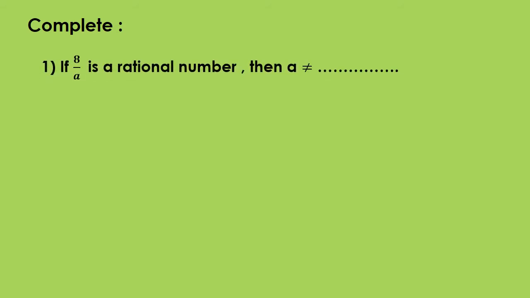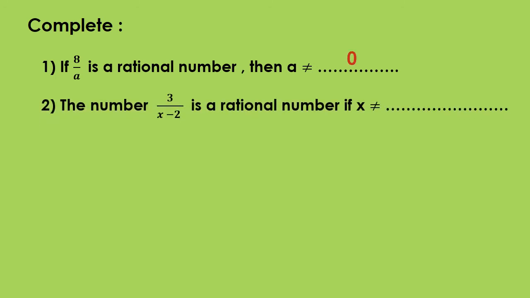Complete. If 8 over a is a rational number, then a doesn't equal. The condition is that the denominator is not equal to 0. So here a not equal to 0. Number 2, the number 3 over x minus 2 is a rational number if x not equal to.